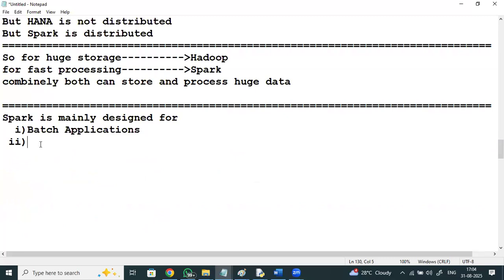These are user interactive applications where millions and trillions of records or transactions are involved. And Spark is mainly designed for iterative algorithms. Most machine learning algorithms are iterative, right?